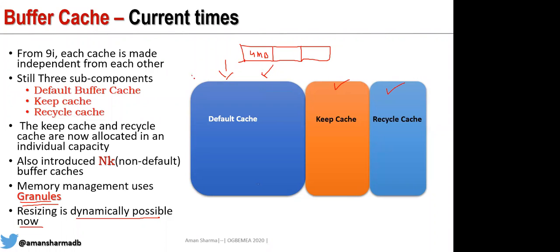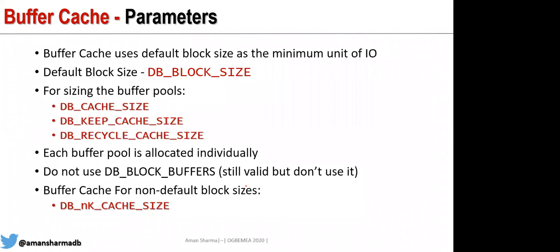Besides these caches, we also have the caches for the non-default block sizes, which is for the transportable tablespace environment. So these are the parameters which are going to be there.